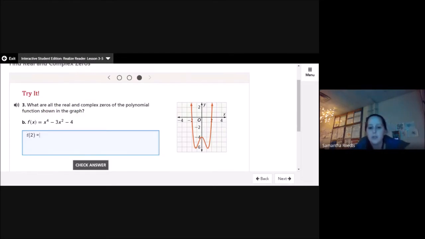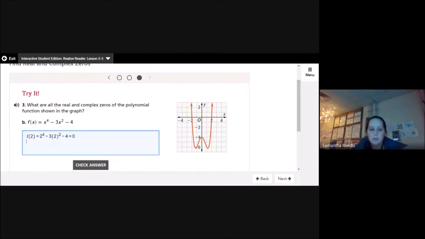So f of 2 equals 2 to the 4th minus 3 times 2 squared minus 4, which does give me 0. Okay. So then I can use synthetic division. Okay. So that gives me x cubed plus 2x squared plus x plus 2.